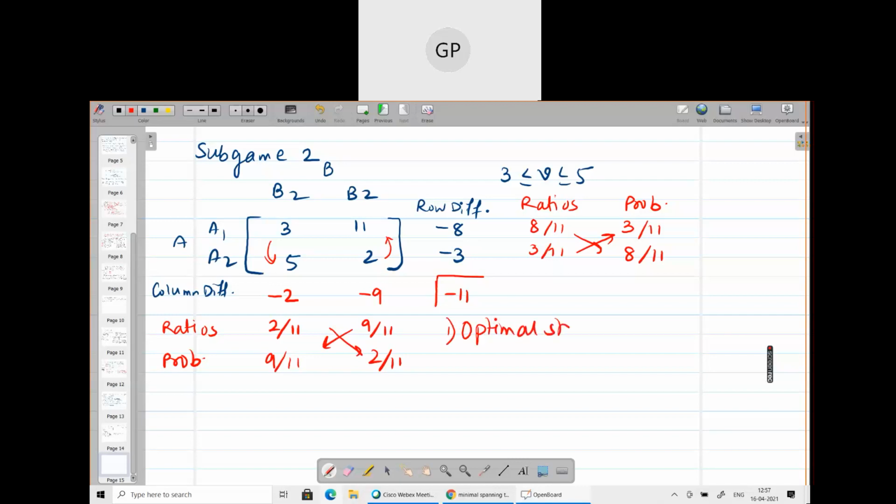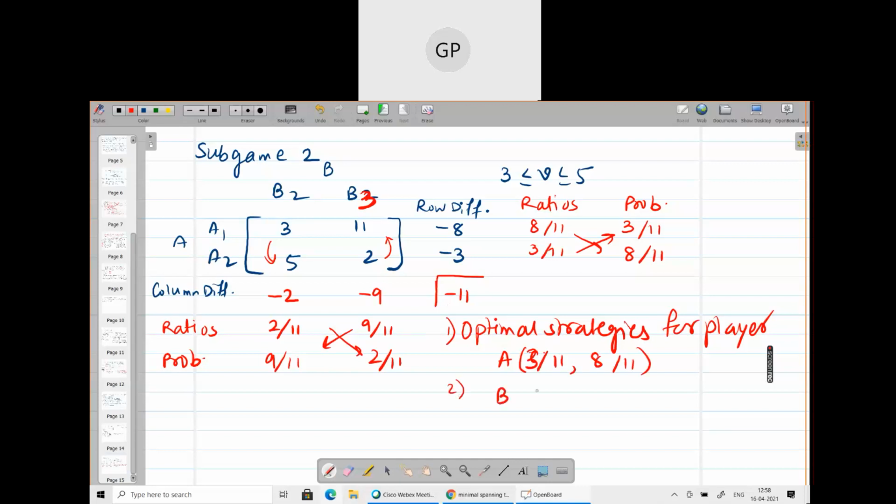So the optimal strategies for player A. Now tell me, player B is not using strategy B1, so what should its probability be here? 0. You have to write that. Not for A, now we will write for B. A has only 2, so 3 by 11, 8 by 11.